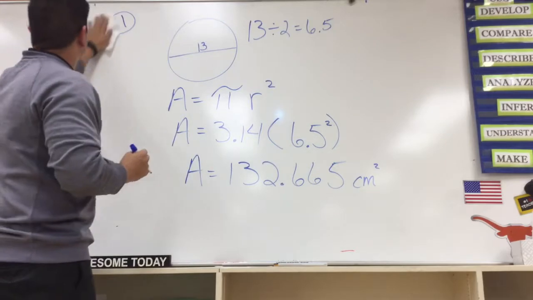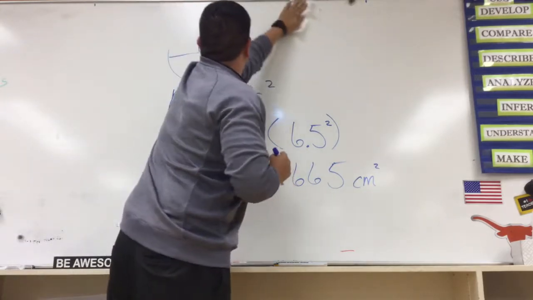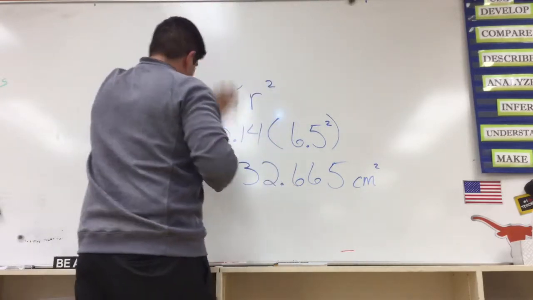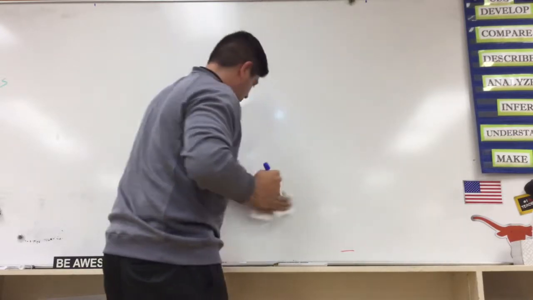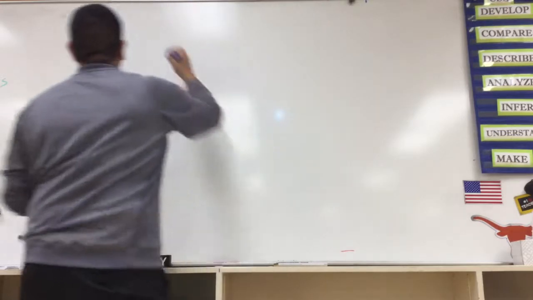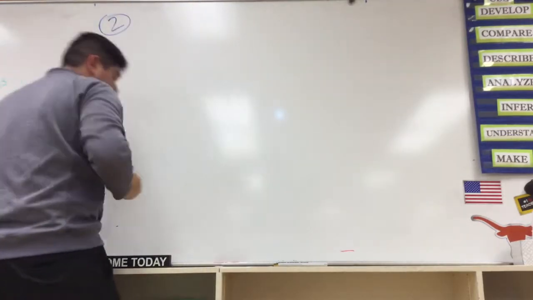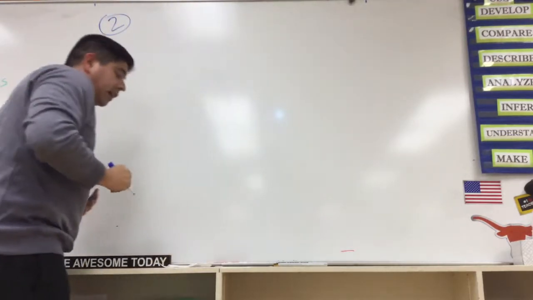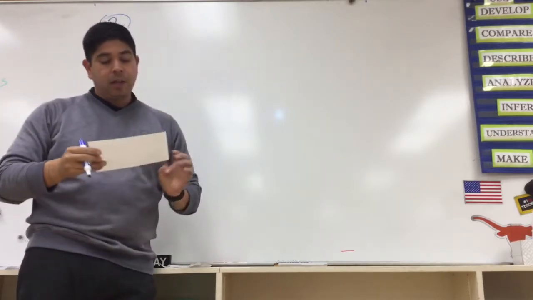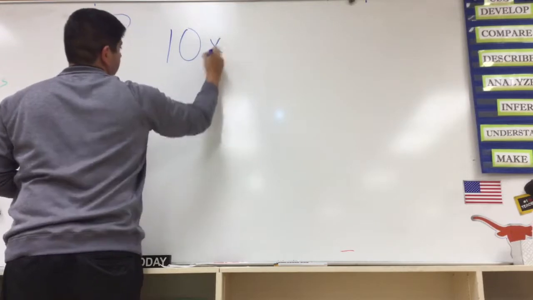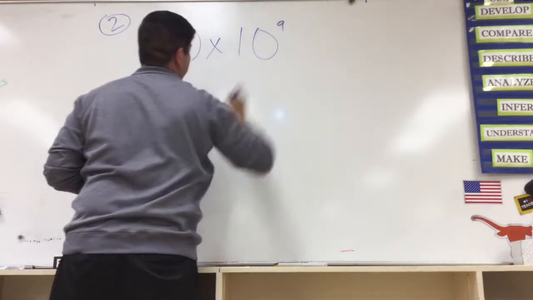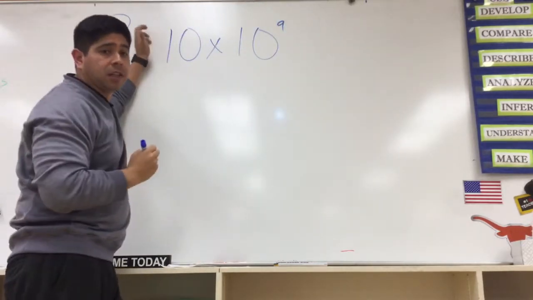Let me erase this. Okay, number 2. Is the number 10 times 10 to the 9th power written properly in scientific notation? So 10 times 10 to the 9th power, is that proper scientific notation?